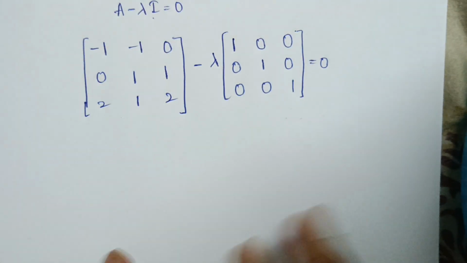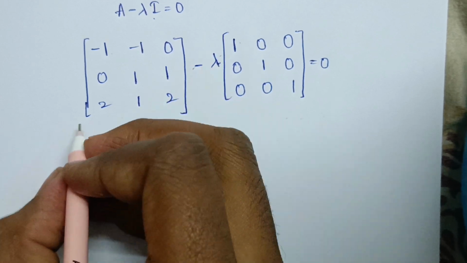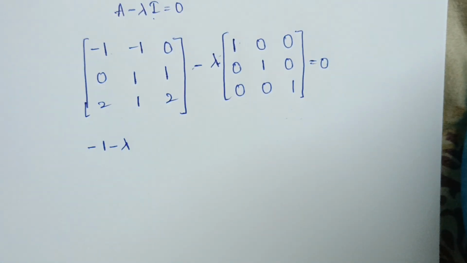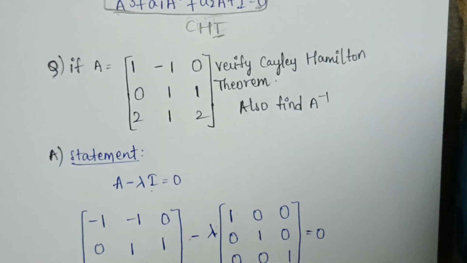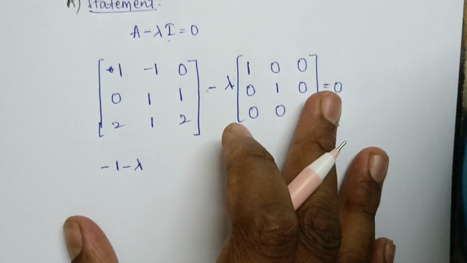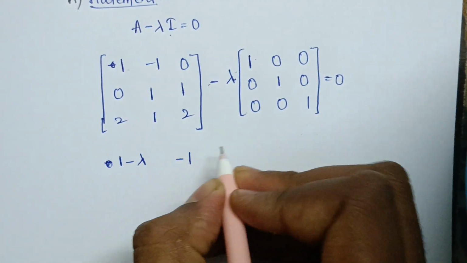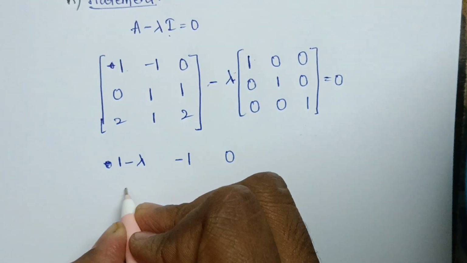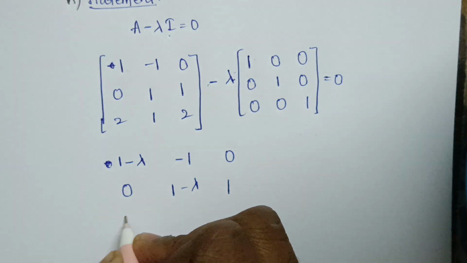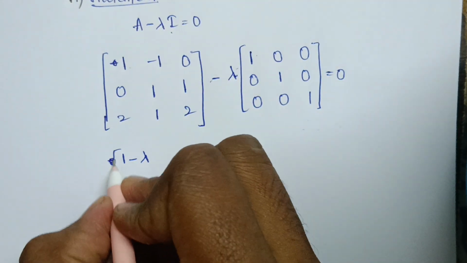Now after solving this, we get 1 minus lambda, minus 1, 0, 0, 1 minus lambda, 1, 2, 1, 2 minus lambda. Observe here, there is no minus here, and here 1 minus lambda. So minus 1 as it is, 0, 0, 1 minus lambda.